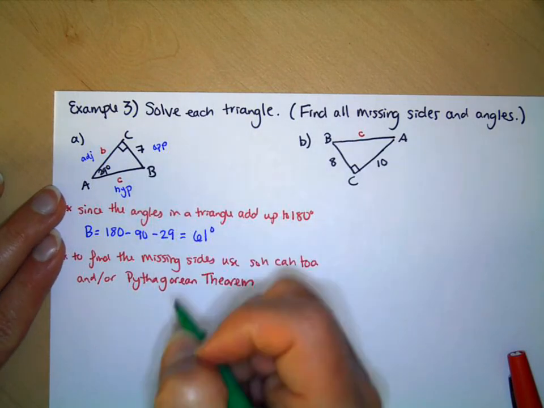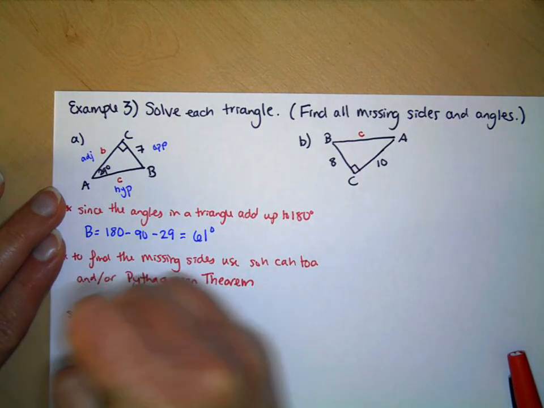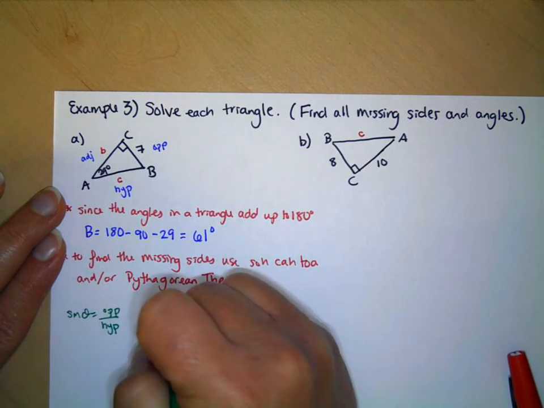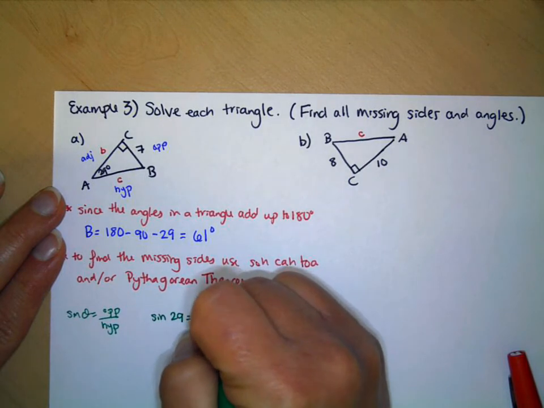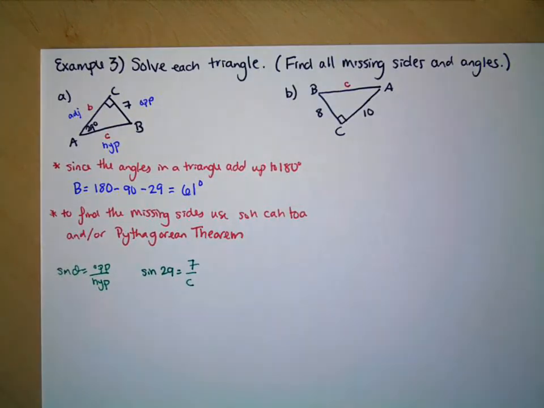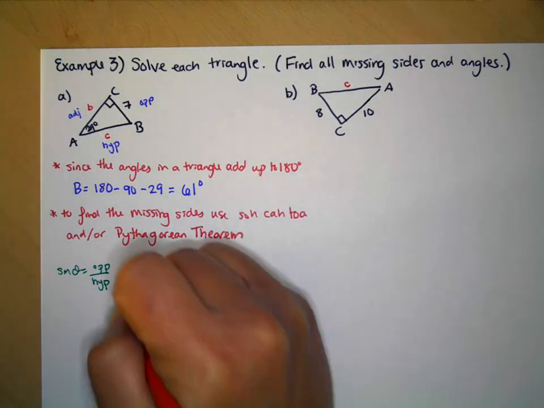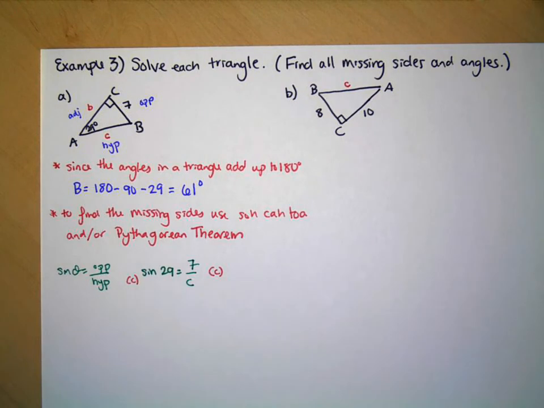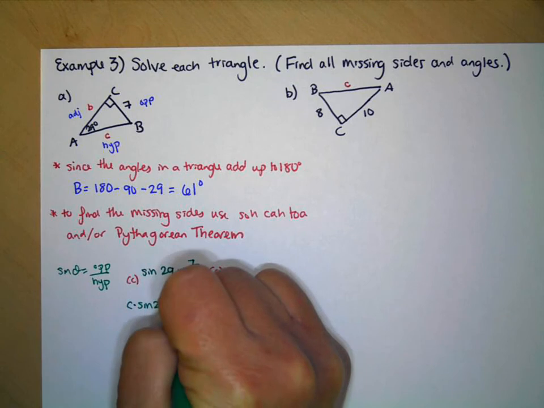Opposite and hypotenuse tells me that I'm going to be using sine. Sine of theta equals the opposite side over the hypotenuse. So sine of 29 equals our opposite side 7 over our hypotenuse, which is C. I don't really like having C in the denominator, so to fix that, we're going to multiply both sides of this equation by C. So now we have C times the sine of 29 is equal to 7.